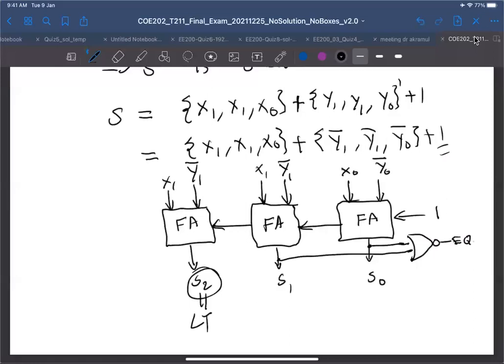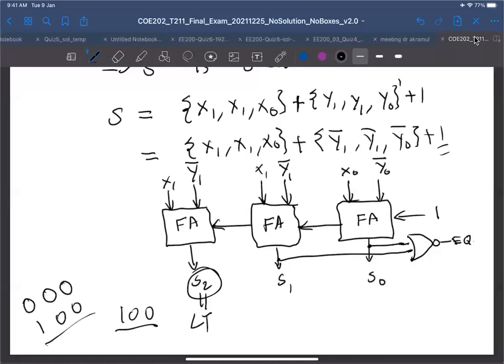Because when S0 and S1 are 0, S2 will be 0 also, since 100 is not part of the circuit output. You cannot have 100 as an output of the circuit.